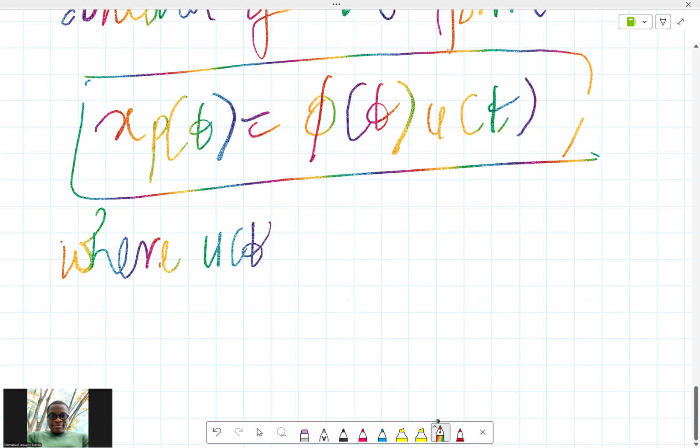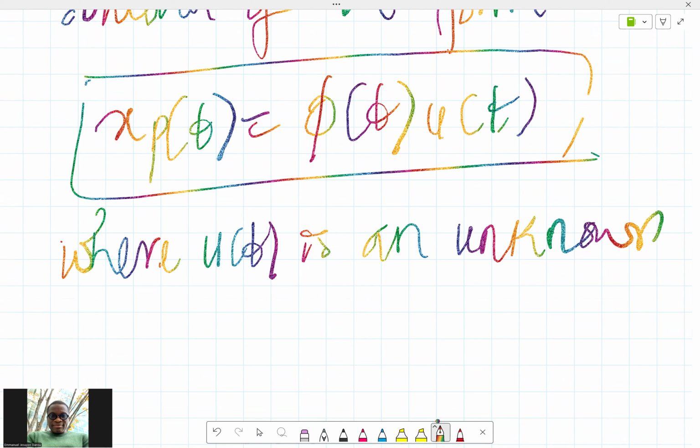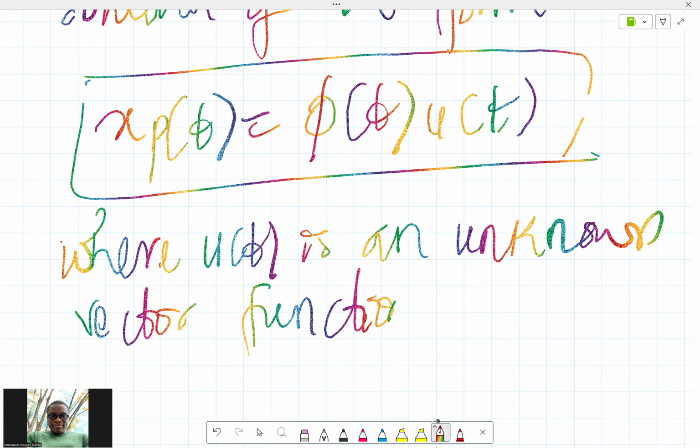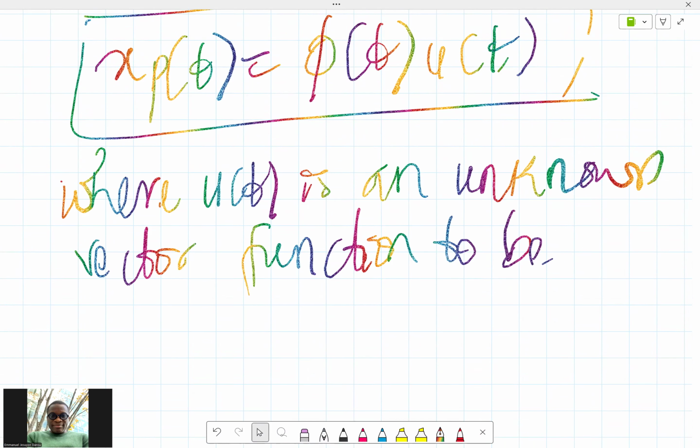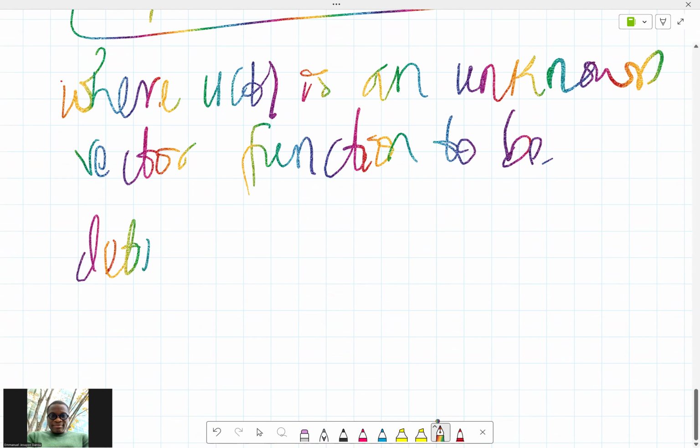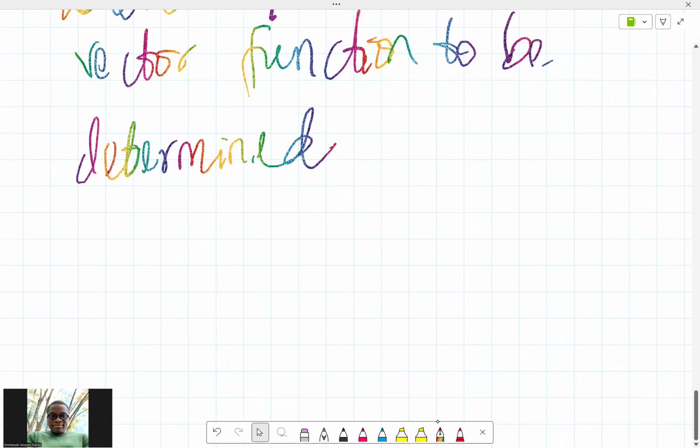Where u of t now is an unknown vector function to be determined. So it's more like the undetermined coefficients, except that the approach of getting this is different, and the fact that this is more generalizable to any kind of function instead of the typical exponential, polynomial, and trigonometric expressions we have for undetermined coefficients. Okay, so this leads us to step 3.